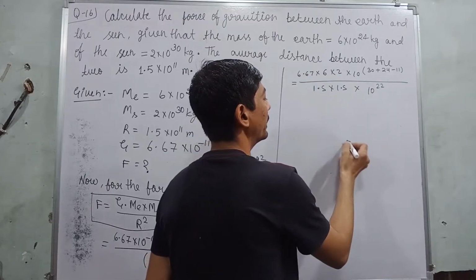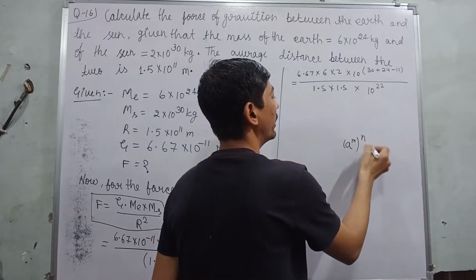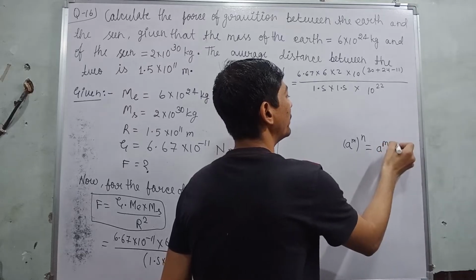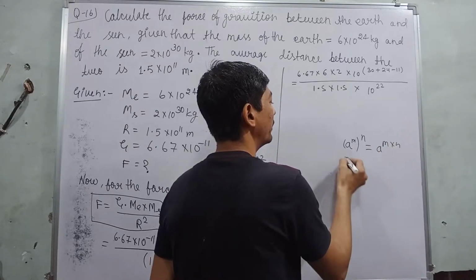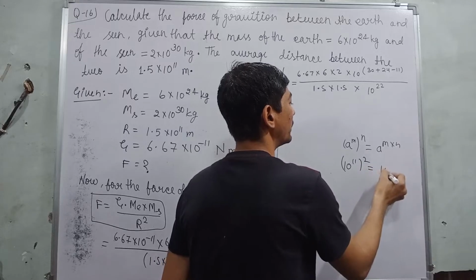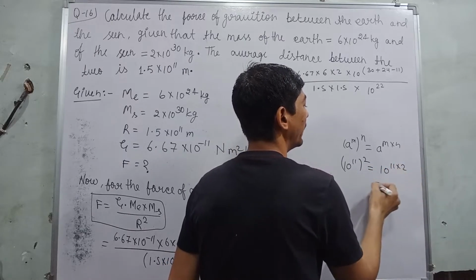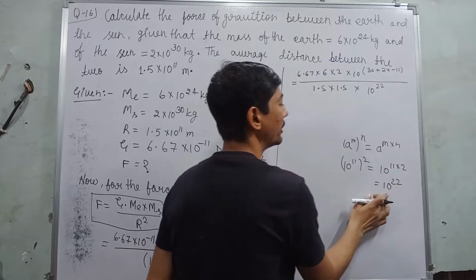This is done by the property a raised to the power m raised to the power n is equal to a raised to the power m into n. So 10 raised to the power 11 whole square is equal to 10 raised to the power 11 into 2, and it becomes 10 raised to the power 22, like this.